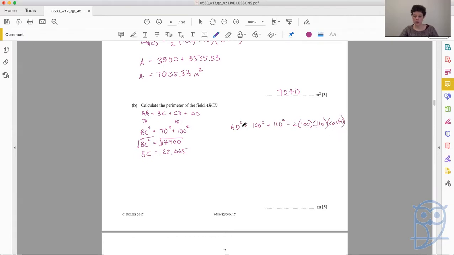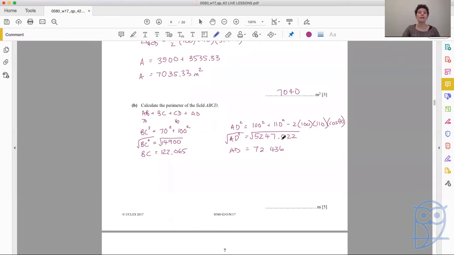We're going to put all of that into our calculator at once. So AD squared equals 5247.022. Same as before, when you've got a square, you're going to square root. AD equals 72.436. They didn't ask us for BC and AD, they asked us for the perimeter.